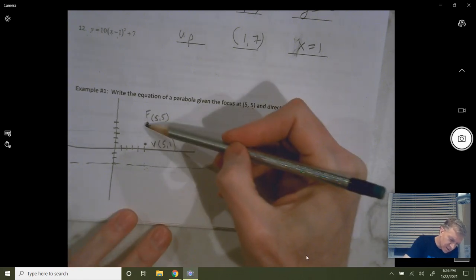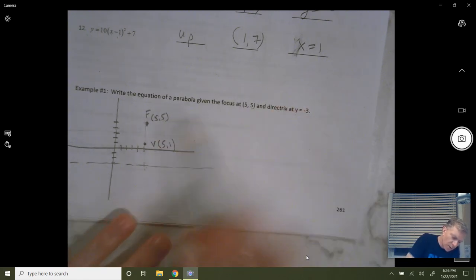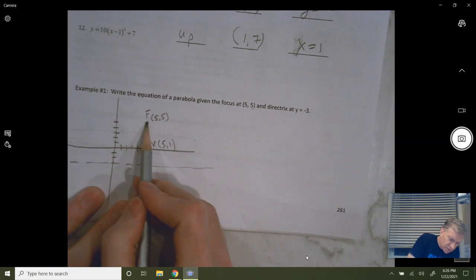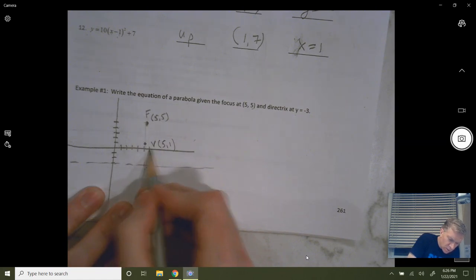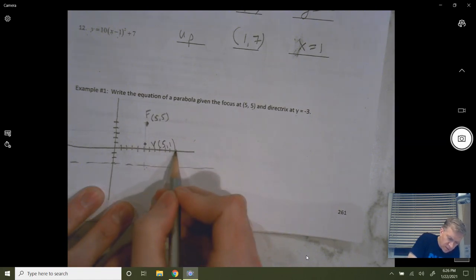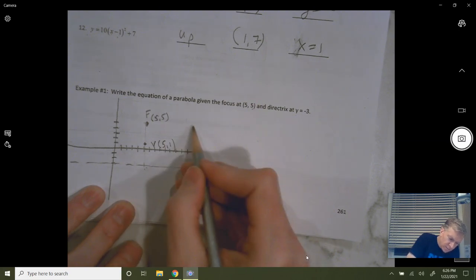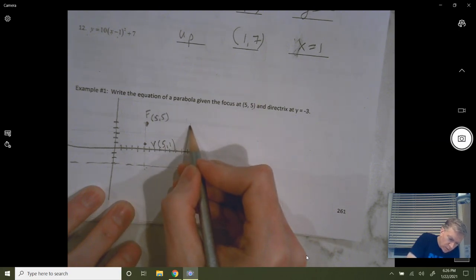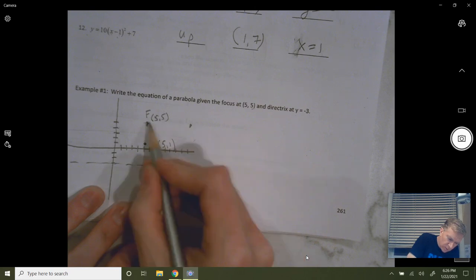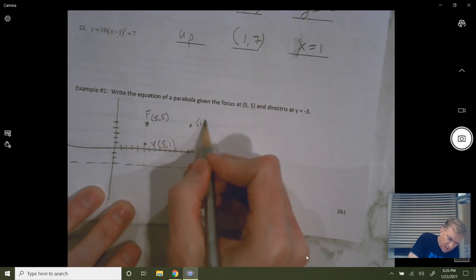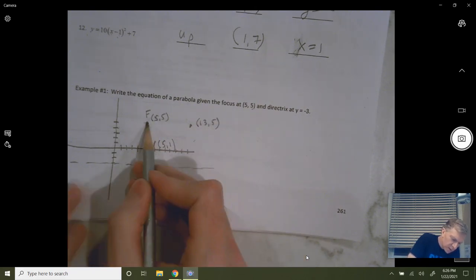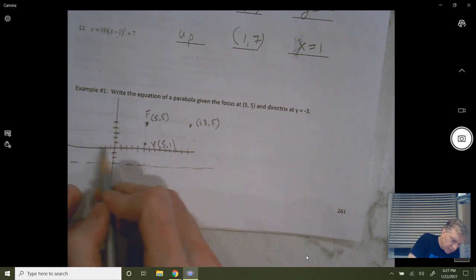This entire distance is 8, so I know I want to go 8 in this direction. 1, 2, 3, 4, 5, 6, 7, 8. So if I go 8 more, I'm at 13, 5. If I go 8 in the other direction, I'll be at negative 3, 5.